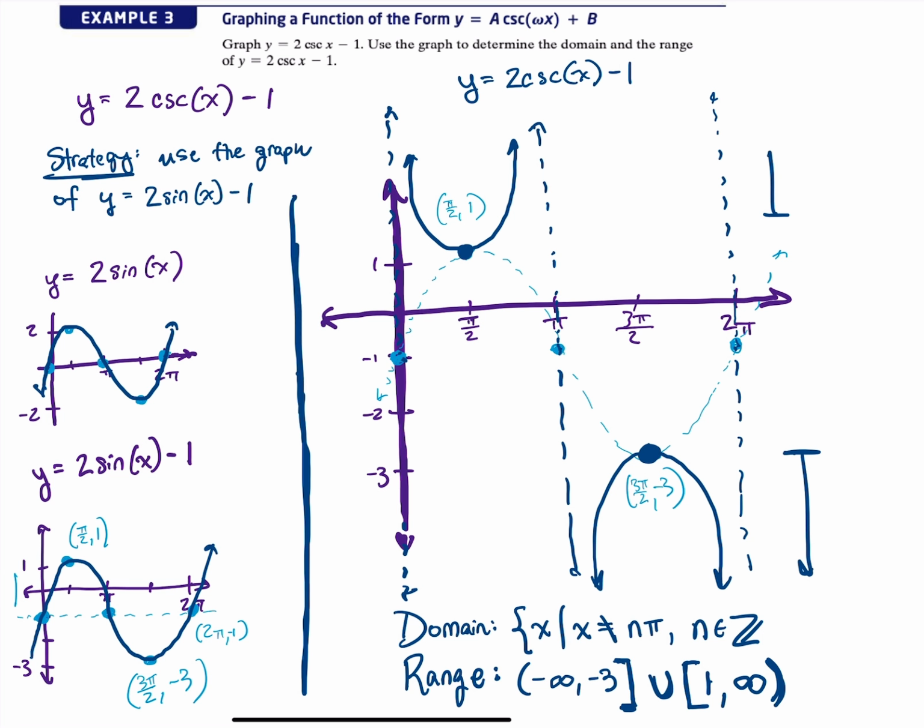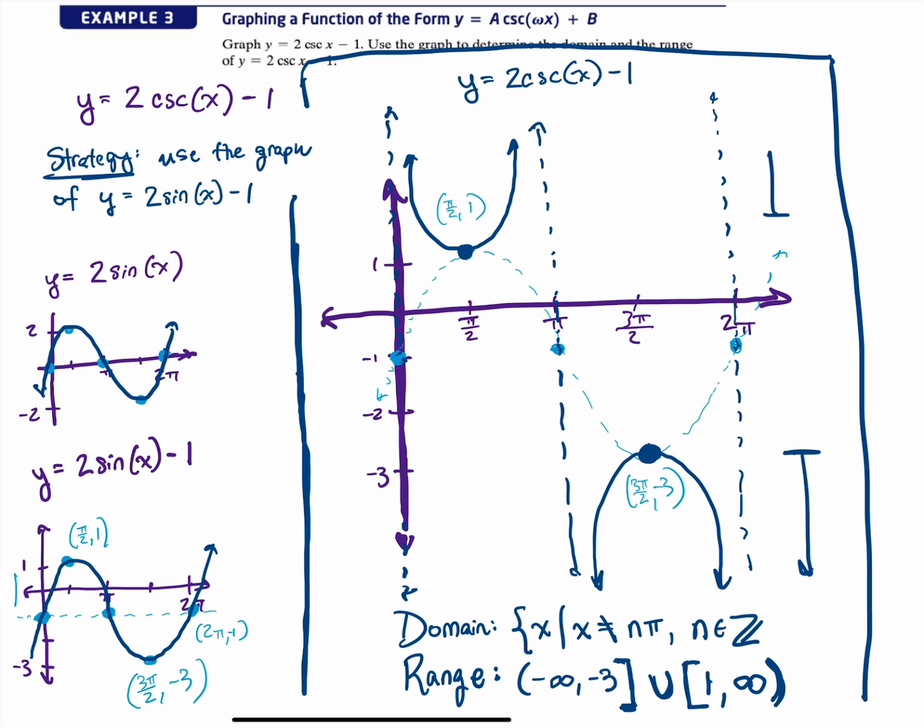So again, the process is, for the secant and cosecant, imagine the graph of their corresponding reciprocal partner. We were looking at the cosecant here, so I imagine the graph of the sine function. And then place asymptotes on those middle points.